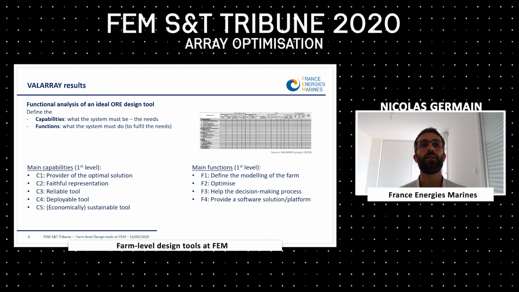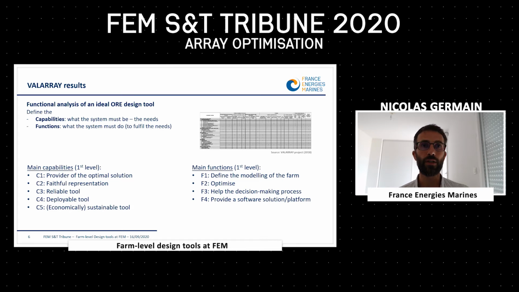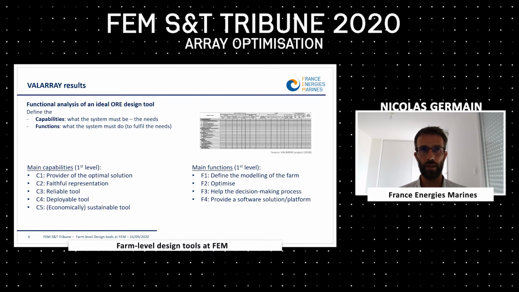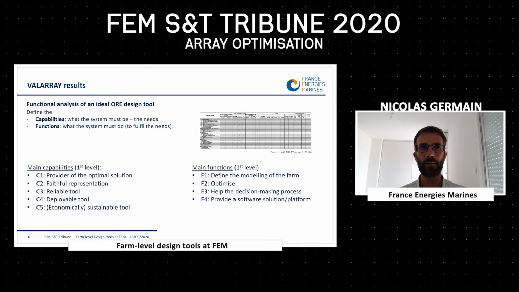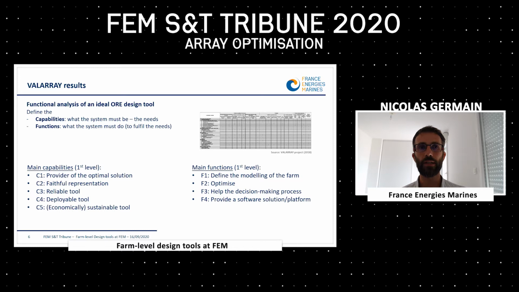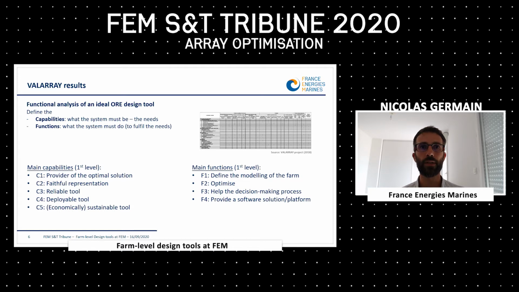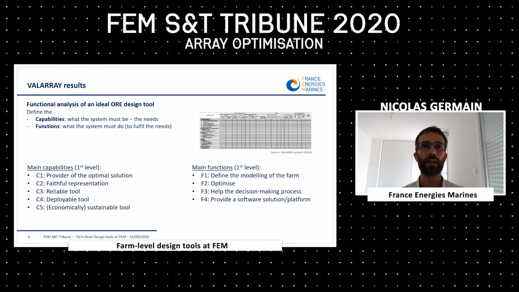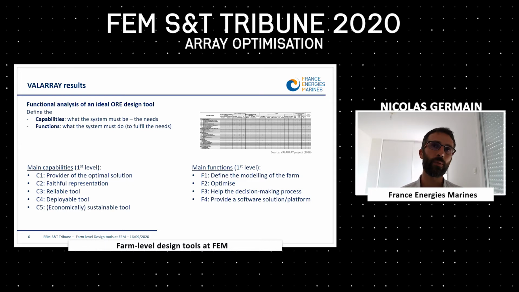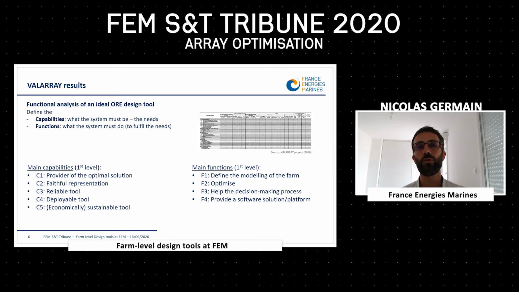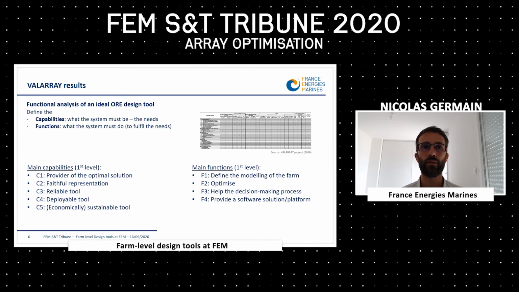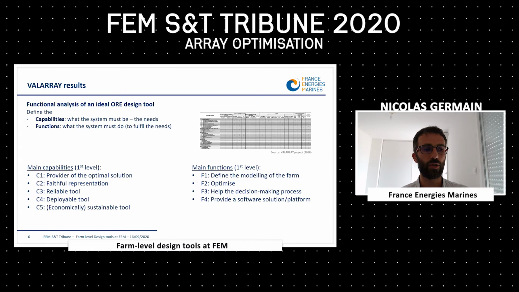The second function is really to optimize: which algorithm, which method, and so on. And the last function of the method itself is to help the decision-making process. The last function, F4, is actually to switch from a method to, let's say, something more material. So provide a software solution platform for your tool.